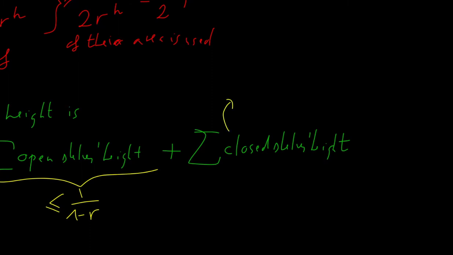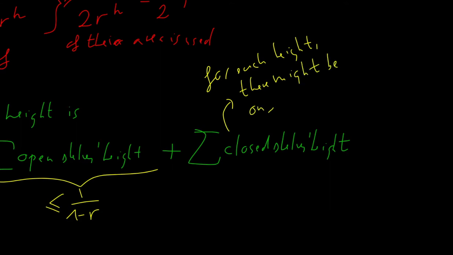Now for each height there might be one which is not paired, might be one unpaired, but for each height we have at most one closed shelf which is not paired with some other. So the total height of these guys is again at most 1 over 1 minus r.